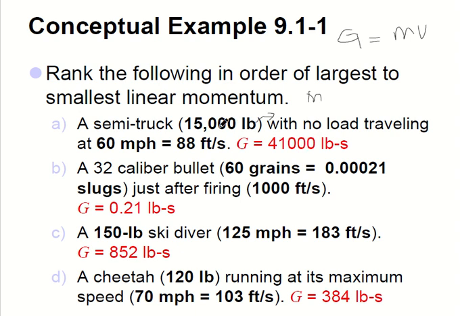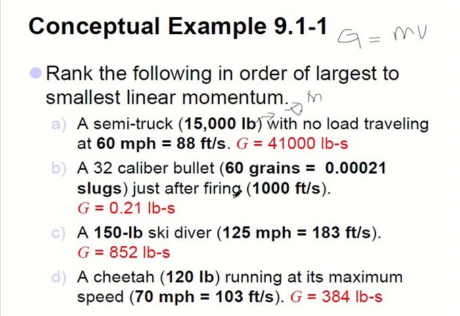You won't get it directly by multiplying, don't try to do that, because this one is in pounds, which is a weight. Therefore you have to convert that into mass first, and then multiply by the velocity.